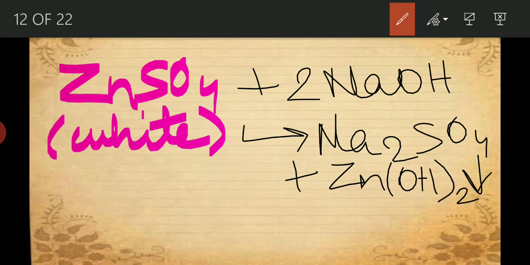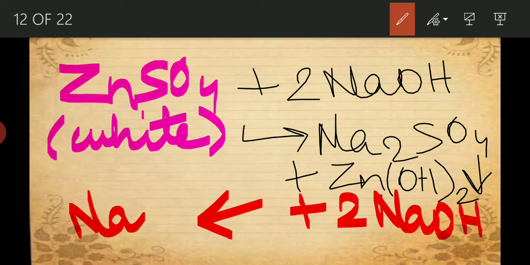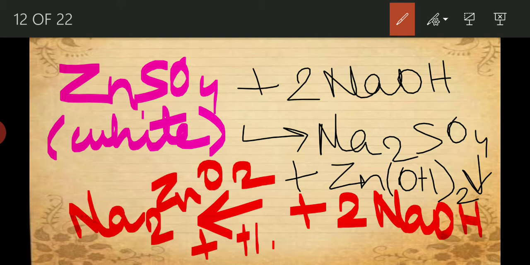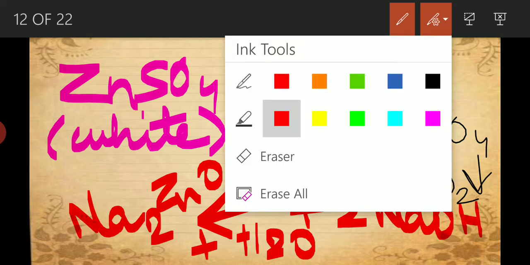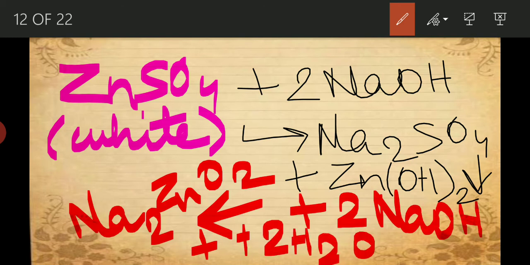Now, if you react this zinc hydroxide with NaOH in excess, then you will get sodium zincate plus water.